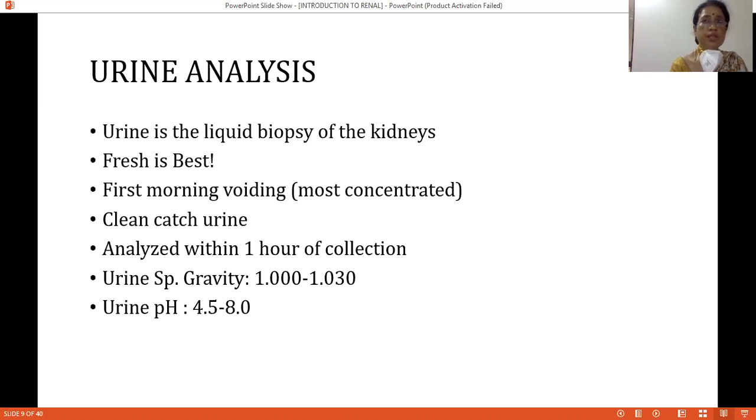That's why always remember, test the urine within 1 hour after collecting it. Urine specific gravity, always remember, is 1.000 to 1.030. Then urine pH is 4.5 to 8.